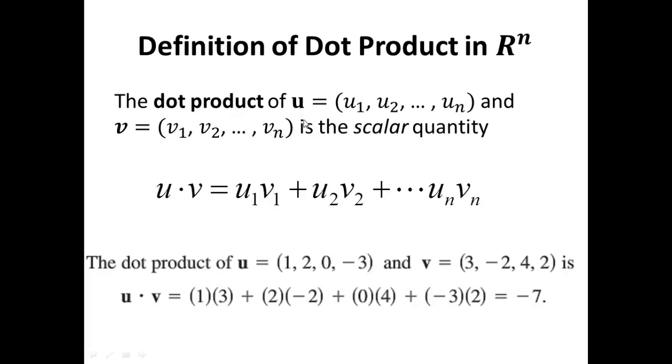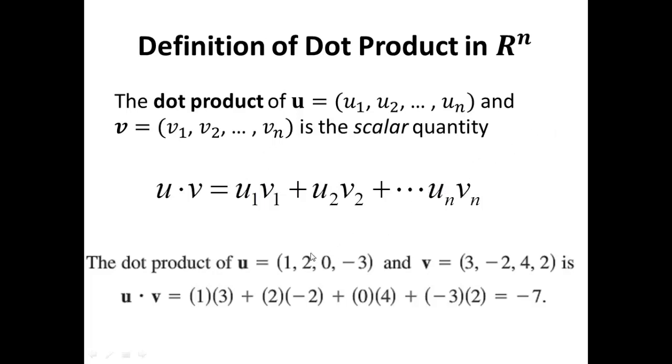Then the dot product of u and v, denoted by u dot v, is actually a scalar quantity, and it is defined as u dot v equals u1 times v1 plus u2 times v2 plus up to un times vn. We call this the dot product of two vectors in Rn.